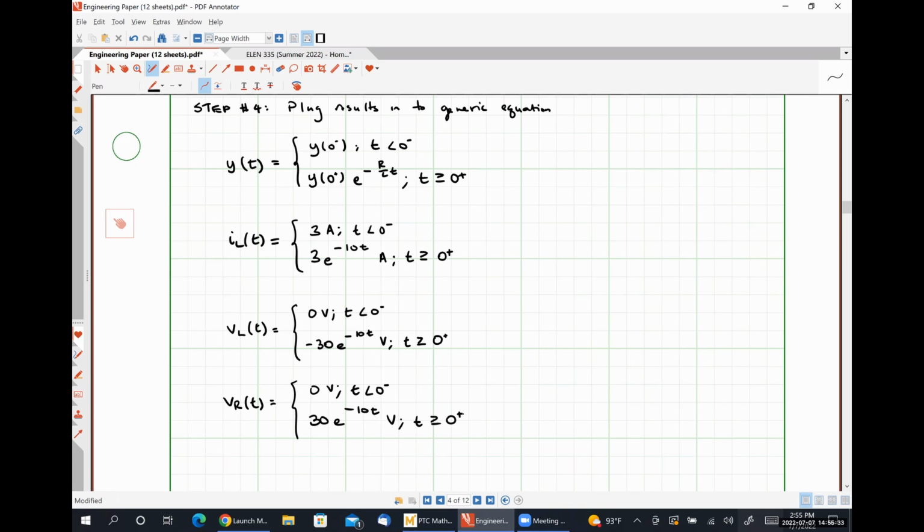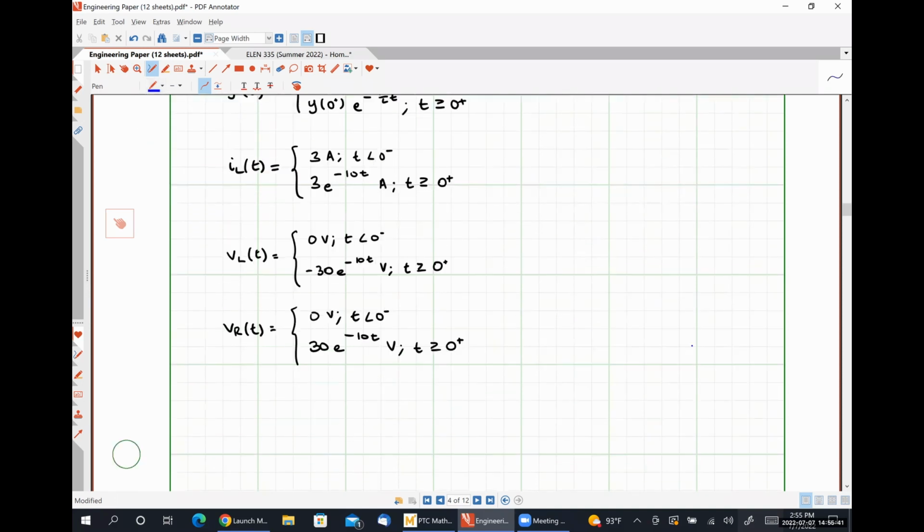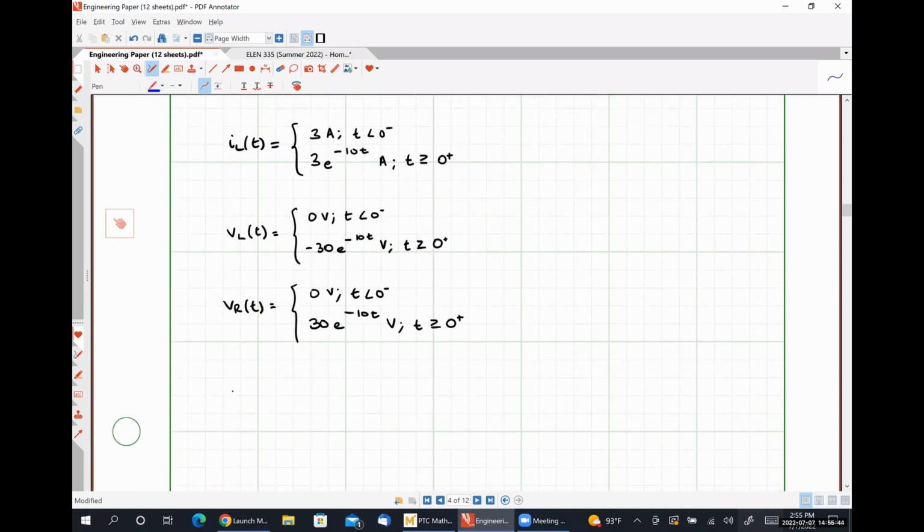Now, we have a way to check our results here, okay? What I mean by that specifically, let's do this in blue, is that we know the voltage drop across an inductor is supposed to be equal to L times the derivative of the inductor current. L in this case was 1 Henry, where a Henry is a volt second per ampere.